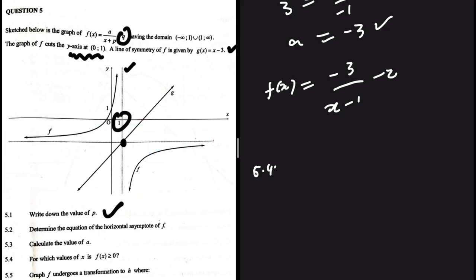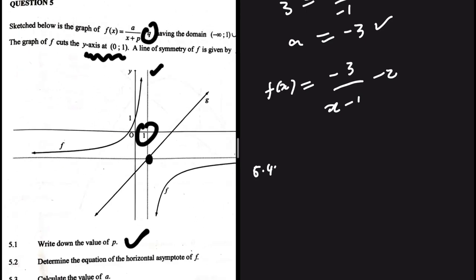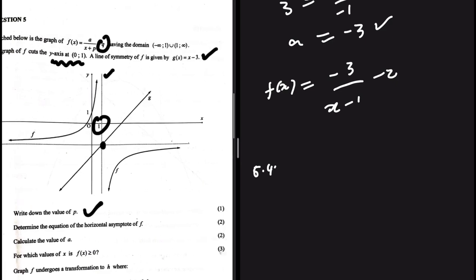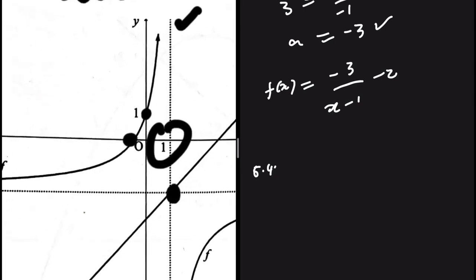Okay, and then let's look at this other wing. When does it become positive? We need to find the values for which it becomes positive. We just know here that we have 0 and 1, so it becomes positive somewhere here. But we don't have the x value at that point.